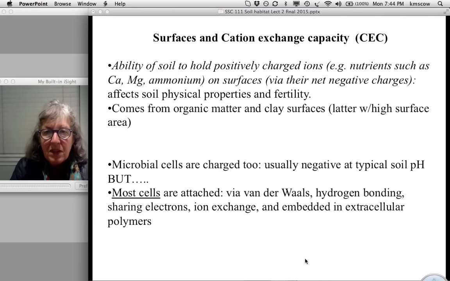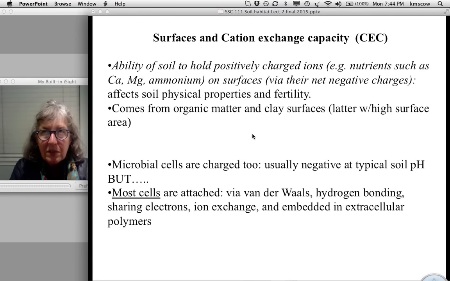And this very much affects the soil physical properties and also the fertility of that soil. Organic matter as well contributes some of that cation exchange capacity. So that's also going to contribute to this ability that we're talking about here. So, to conclude, soils with a very low cation exchange capacity often are very low in fertility.